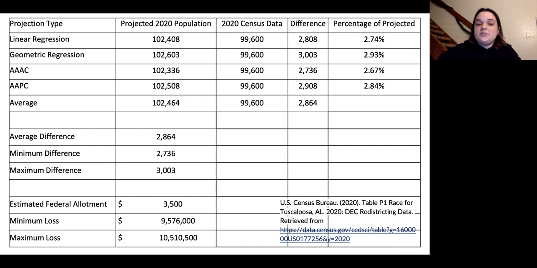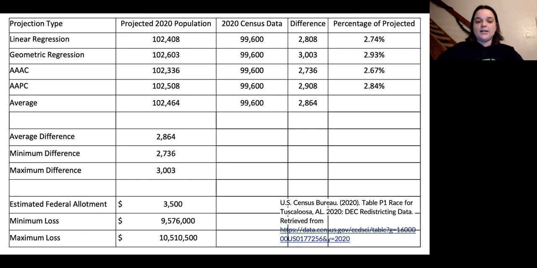And so comparing that to the average projected 2020 population based on our analysis, which was 102,464, that's about a 2,864 person difference, which is a little bit less than 3% of that projected population, which may not seem like a lot.